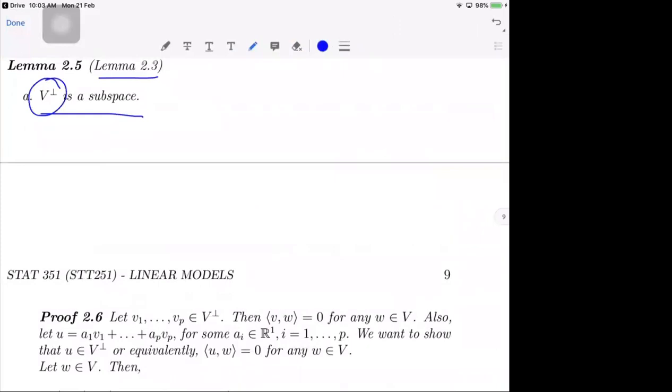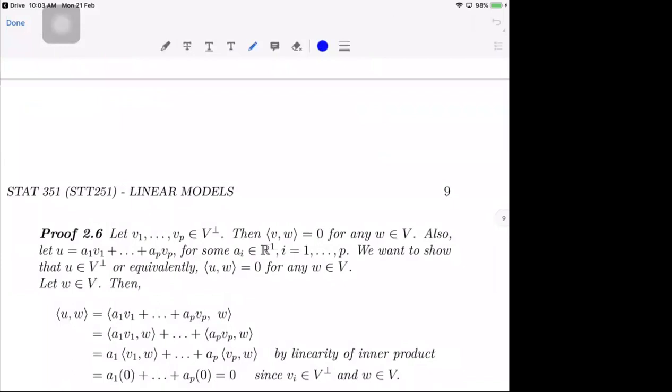Okay, B perp subspace. So unsa to akong giingon? Naamoy vector sa B perp. So kung kining vector na nasa B perp, kini siya nasa B perp, then it means that for any other vector sa V, say W, kung kuhaonin mo ang inner product, 0 siya.